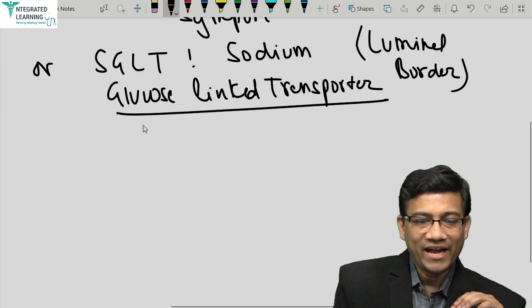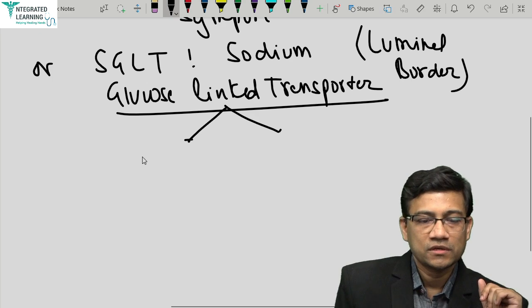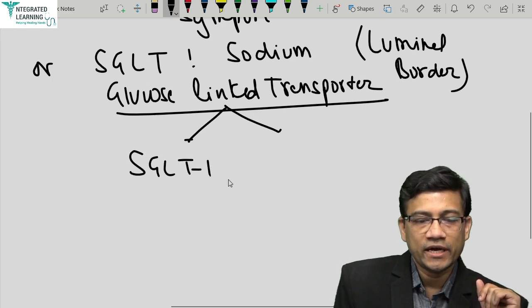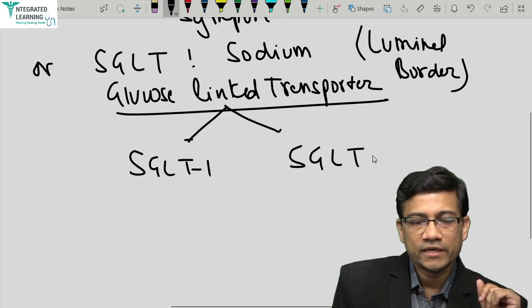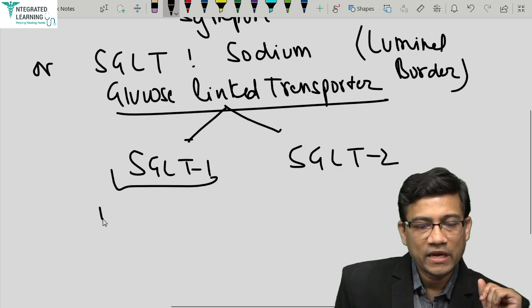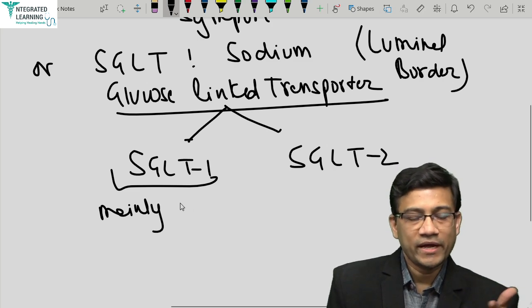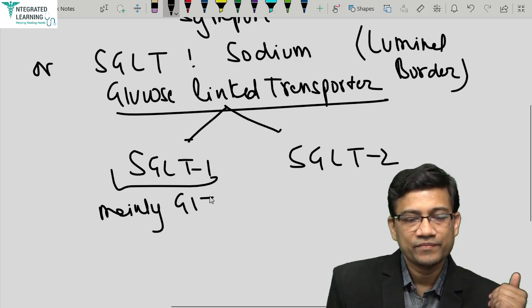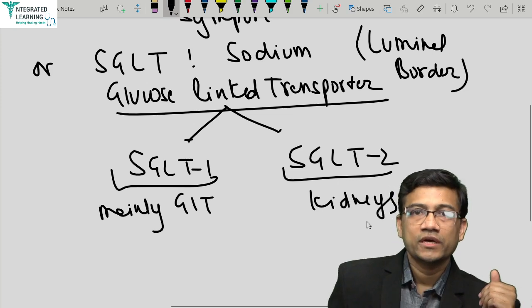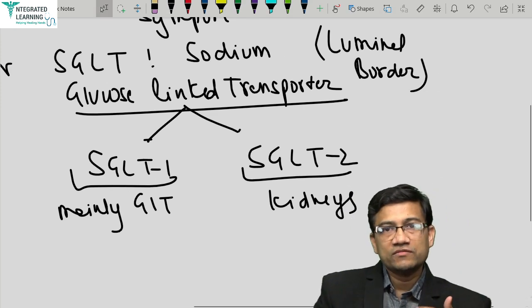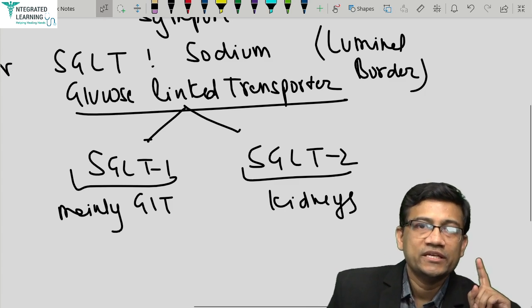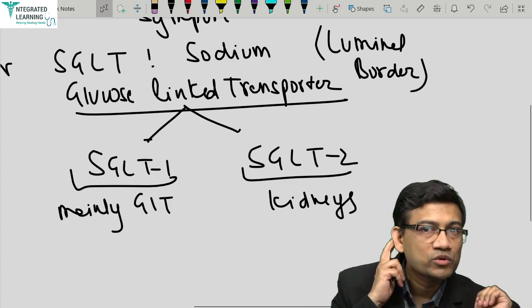Okay, and it is of two types, SGLT1, SGLT2. One is mainly in the GIT because the glucose first comes from the GIT to the blood and then is filtered, and this is mainly in kidneys. So that's why one is GIT, this was again asked in a recent exam, and SGLT2 is in the kidney. Okay, and they both are on the luminal border.